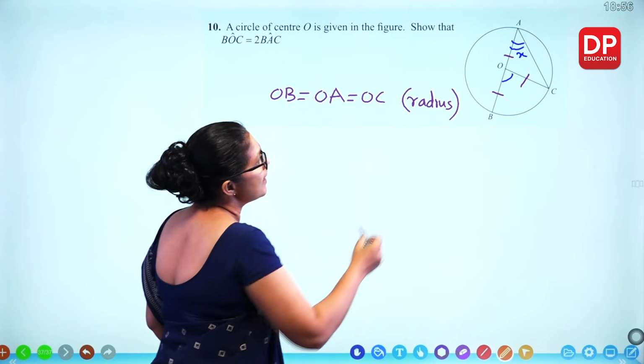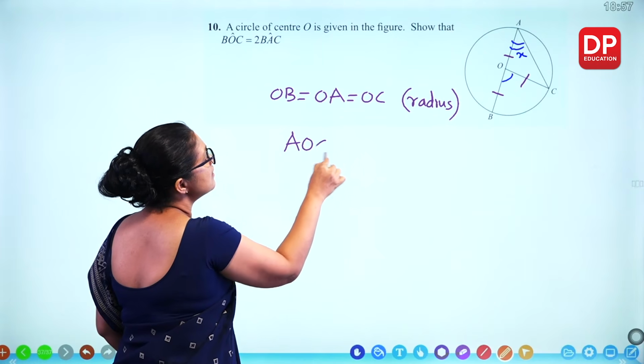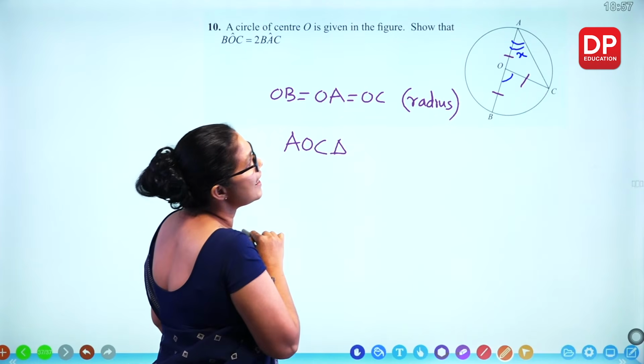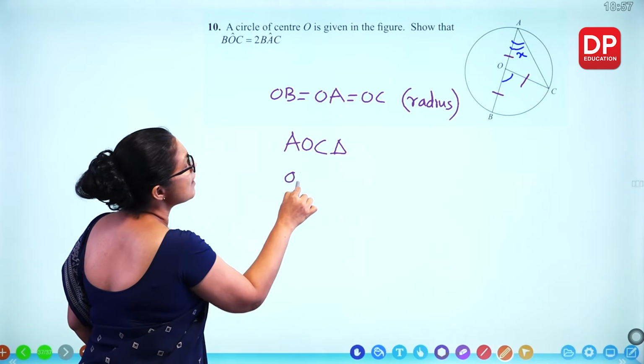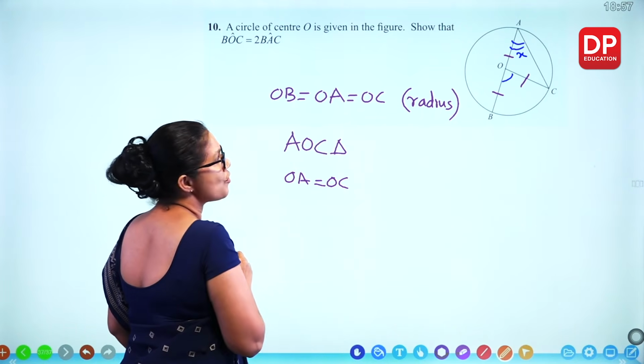Then what can you say? When you take AOC triangle, we can say OA is equal to OC. So that is an isosceles triangle.